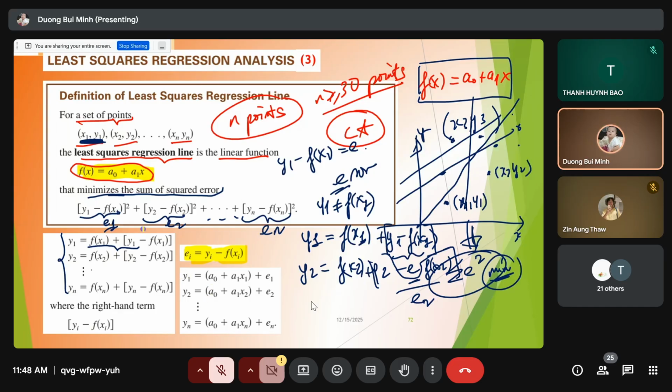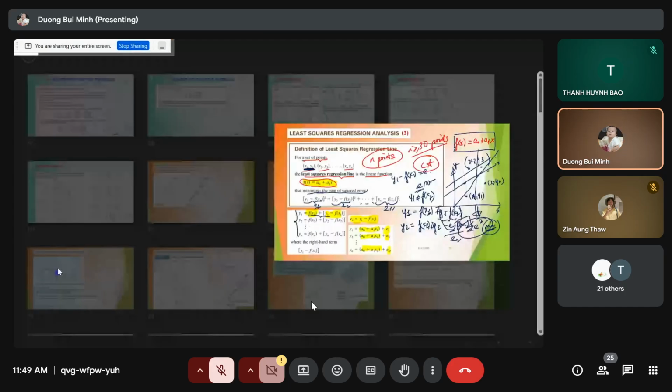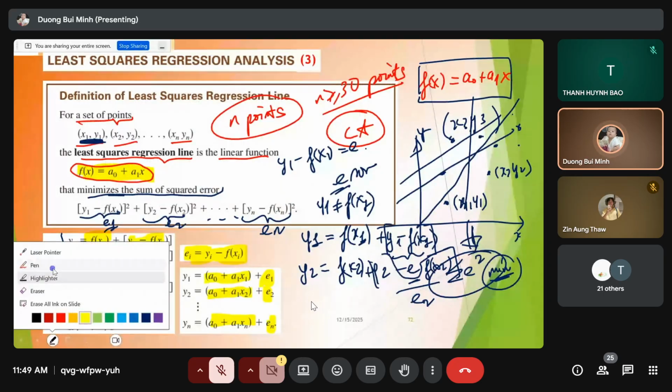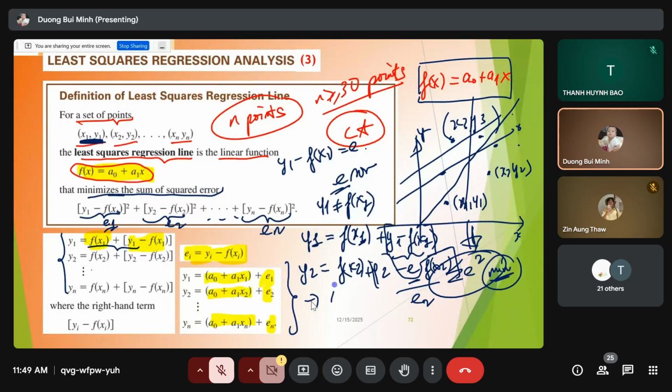So now y1 minus f(x1) is e1, e2, up to en, and f(x1) is the general formula: a0 plus a1x1, and for the second point a0 plus a1x2. These are linear equations.